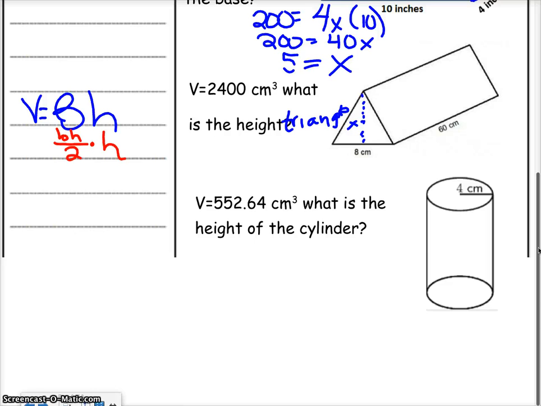So I'm going to say 8x over 2 times h equals 2,400. What's my height of the prism? 60. So this h is actually 60.